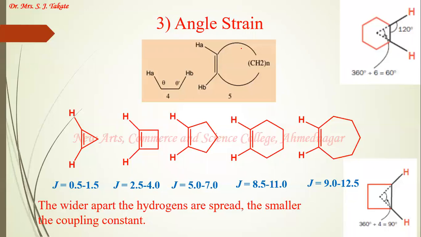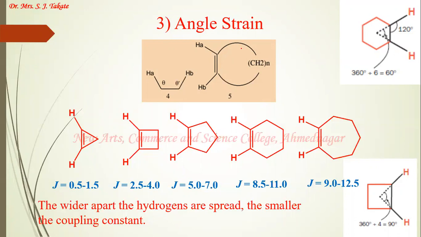While if the dihedral angle is 90 degree, then the coupling constant value is 0. That is, we can say that the two protons do not couple with one another. For other angles, the coupling constant values are lower or intermediate.